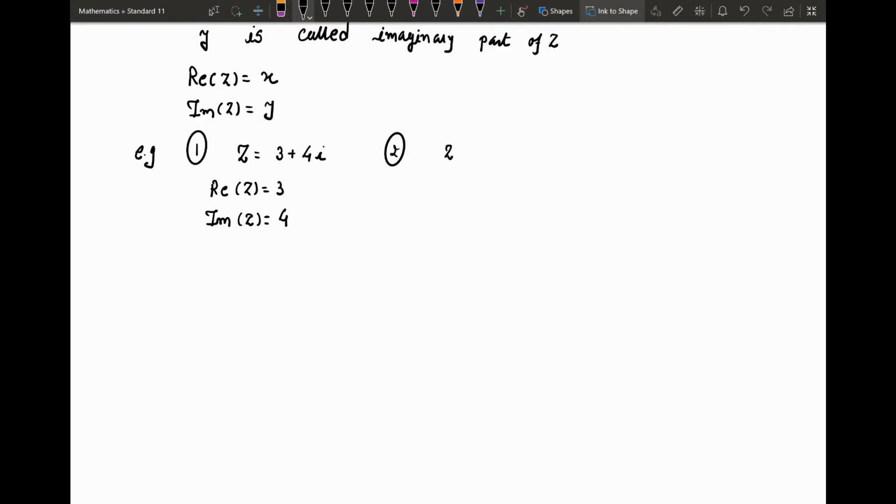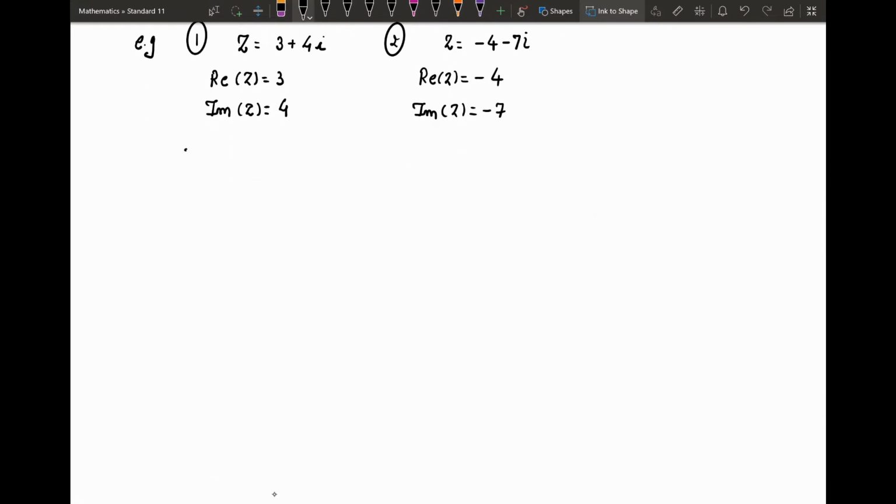Another example, suppose z equal to -4 -7i. In this case, the real part of z is -4, and the imaginary part of z, the coefficient of i, is -7.